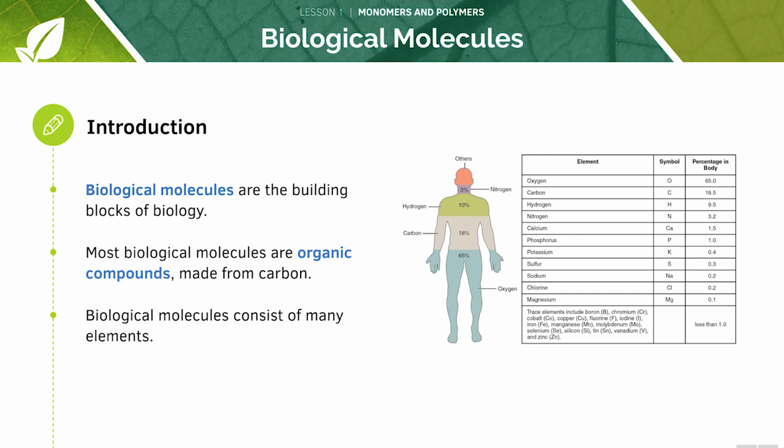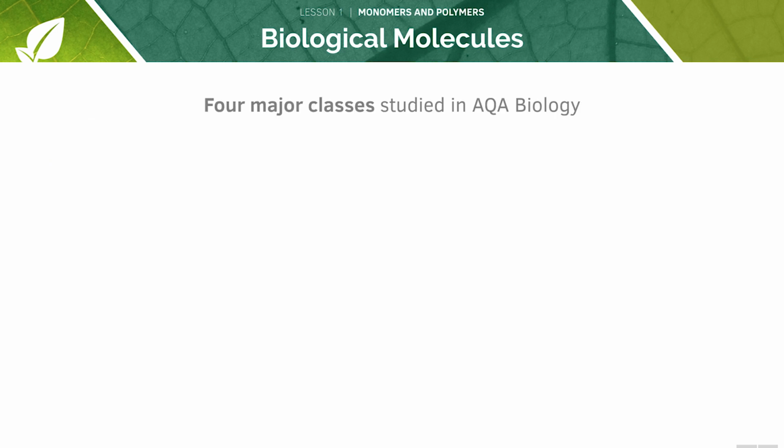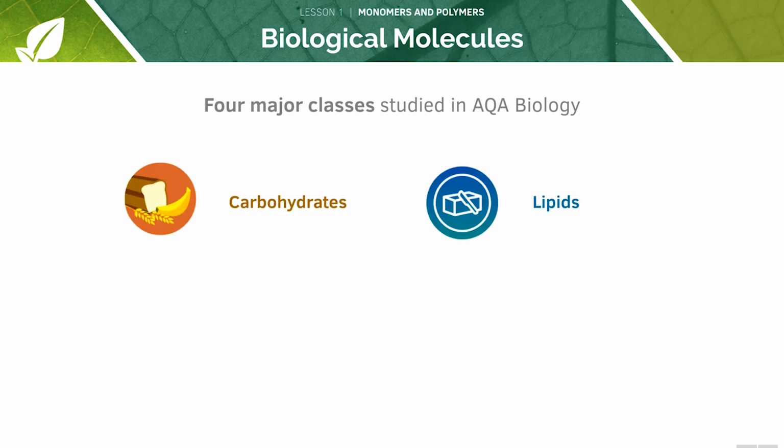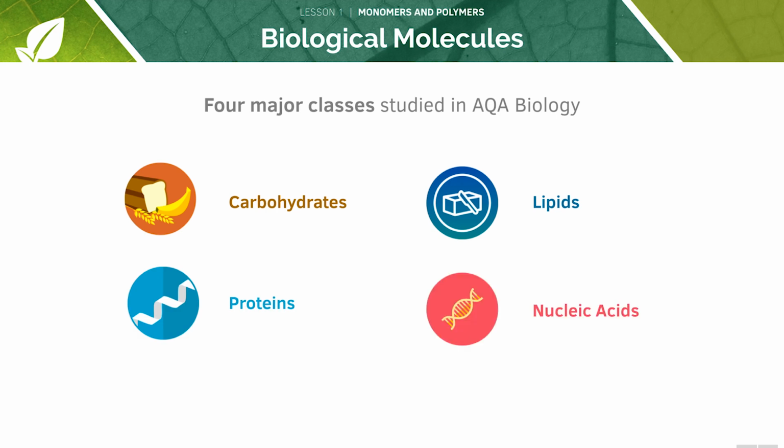In addition to carbon, these molecules also consist of oxygen, nitrogen, and hydrogen, which along with carbon make up 96% of the human body mass. Although there are thousands of biological molecules, there are 4 major classes we'll study in AQA Biology. These are carbohydrates, lipids, proteins, and nucleic acids.